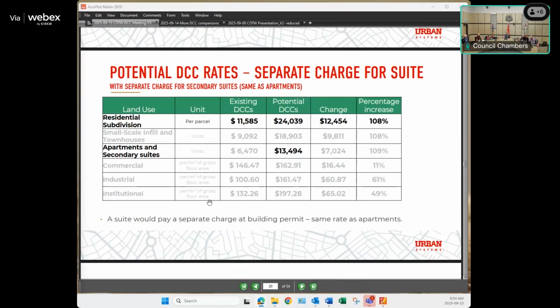To me, that's a bit of a shock. I just need some background. Why are we talking about doubling DCCs, which is what it looks like we're doing? Was that something council gave to staff to direct you to increase DCCs? Why are we seeing a 100% increase in DCC rates?